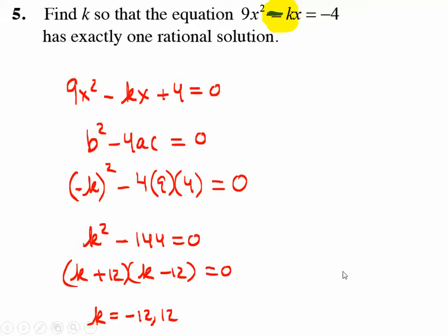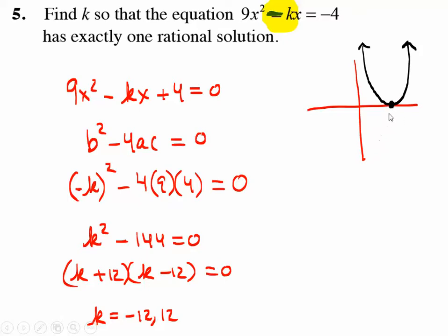It just means that this parabola is going to cross the x-axis at only one point. That's kind of what it means. If I drew a parabola like this, the parabola is going to go like this. Notice it's crossing at just one single point. It touches and then it goes back up.